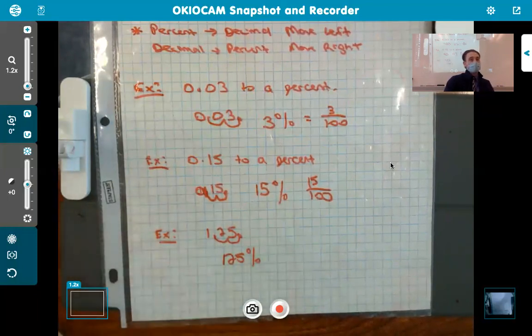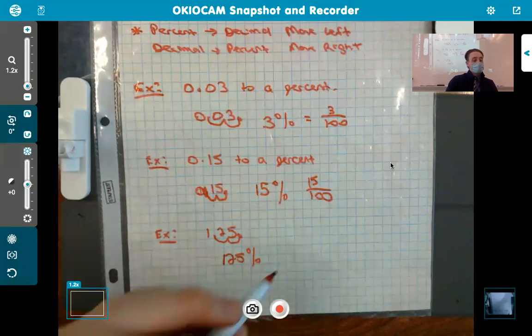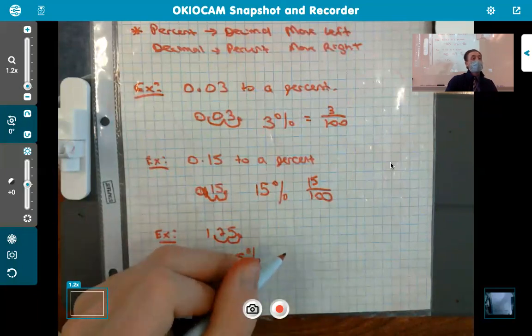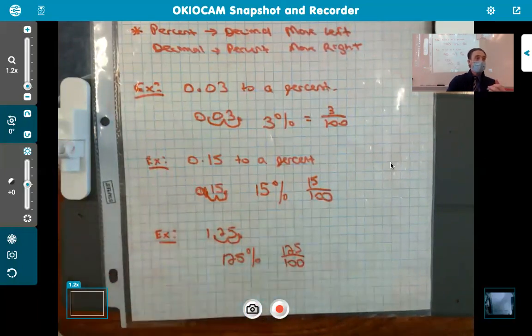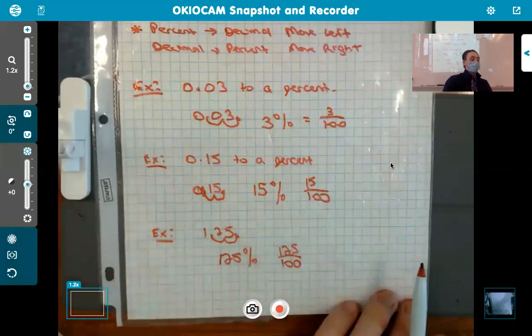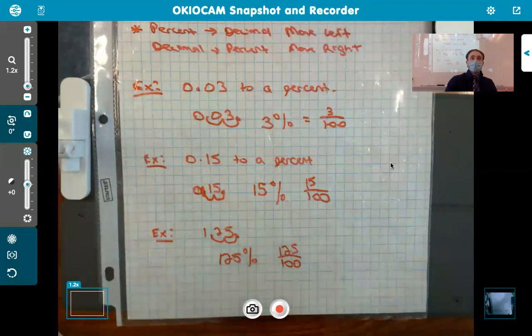What's that as a fraction? Okay, good. 1 1/4, or just 125 over 100. You converted it to a mixed number, which is awesome. You can leave it as this though, 125%. We can have percents that are more than 100. Okay, now it's all out of 100.